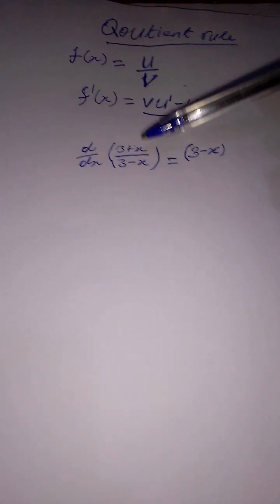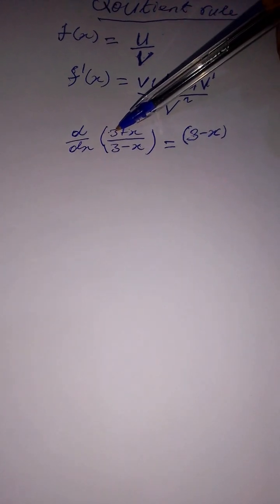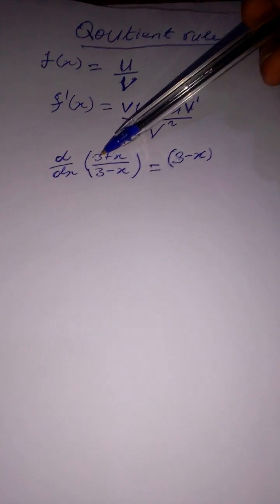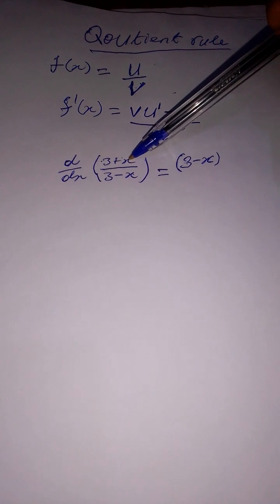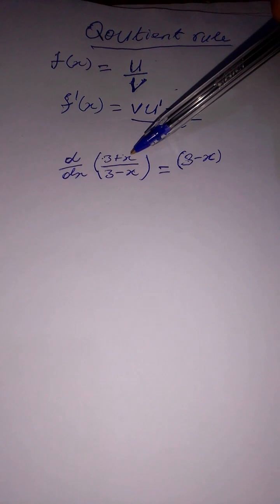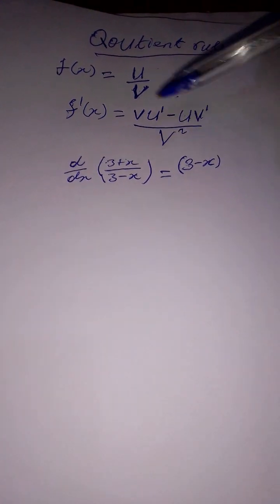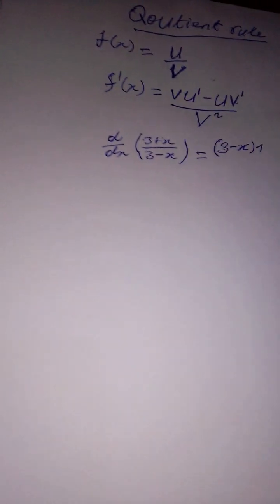Differentiating the numerator, notice that 3 is a constant, and differentiating a constant gives us 0. Now x is x to the first power, so we multiply by 1 and subtract 1 from the power. So differentiating x gives us 1.